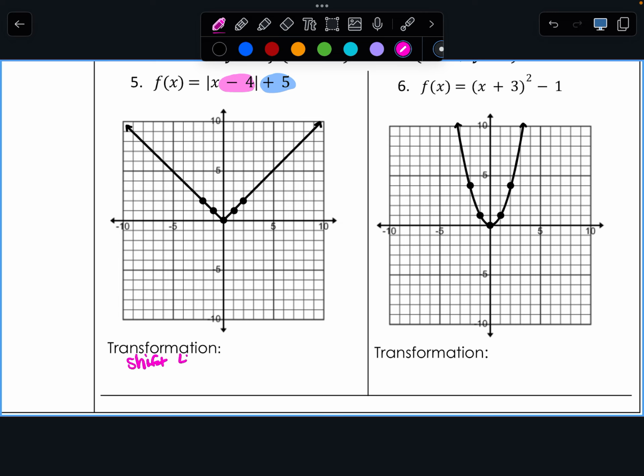So we're going to shift 4 units right and 5 units up. So 1, 2, 3, 4. Oops. And then 1, 2, 3, 4, 5. So my new vertex is here.